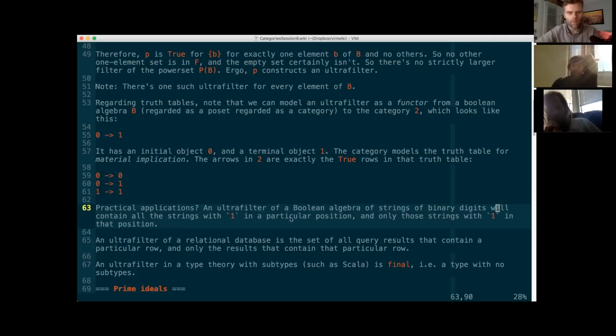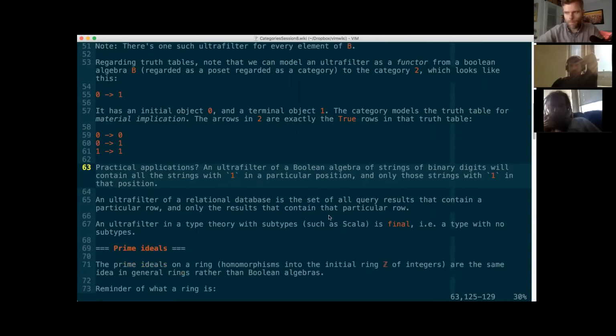So an alter filter of a string of bits will contain 1 in a particular position. So it'll be the set of all the strings with 1 in a particular position, and only those strings with 1 in that position. So it's sort of like a mask, right? Where we say, I want this bit to be set, and the filter will match everything with that bit set.